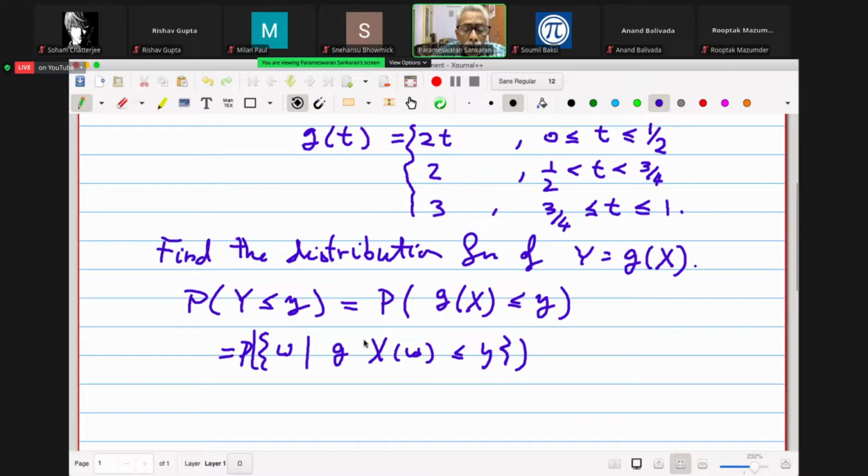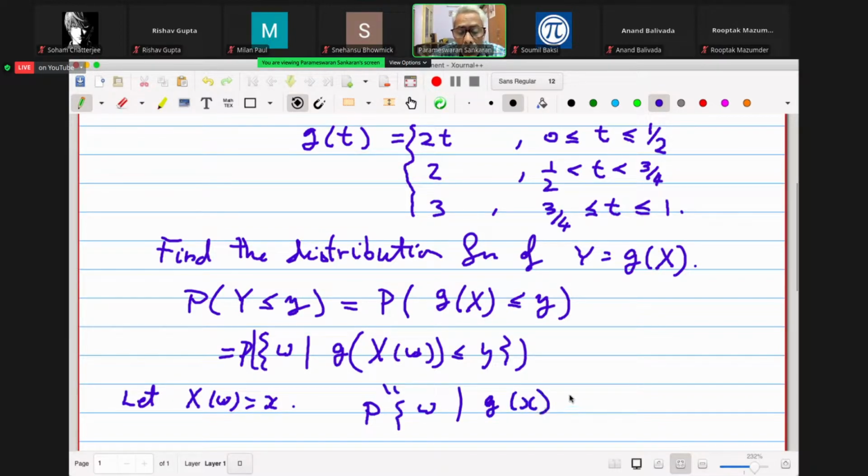And if you call X of omega equal to x, then this is the same thing as probability of the set of all omega such that g of x is less than or equal to y.